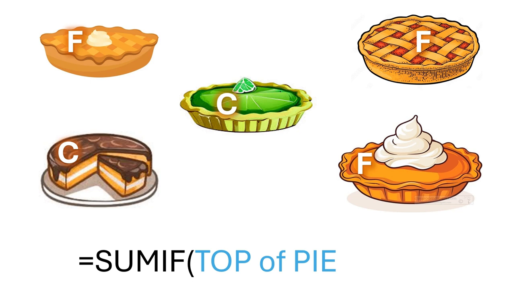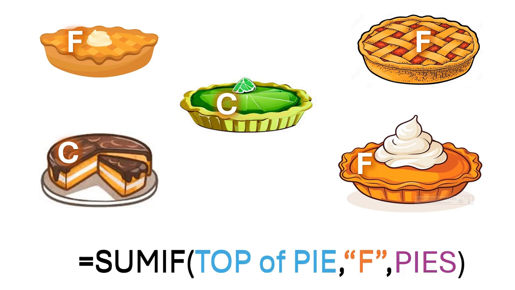We would start with SUMIF, and we're going to tell it where to look for the symbol or the designation or the category. And in this case, it's going to be on the top of the pie. Next, we're going to tell it what symbol or what category we're looking for. In this case, F. F for fruit.